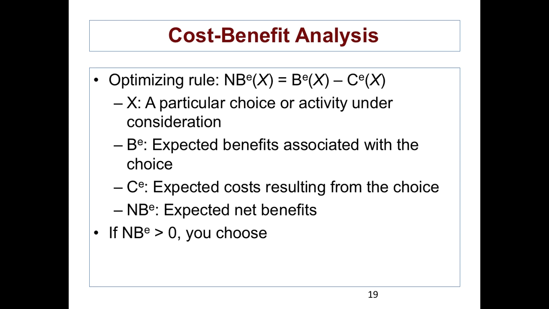Now, usually the optimizing rule in public policy is that you have to list all the expected benefits of taking that particular choice or activity or project, and list all the expected costs of taking that specific project, and then the subtraction of these two gives us the expected net benefit of undertaking that specific project.